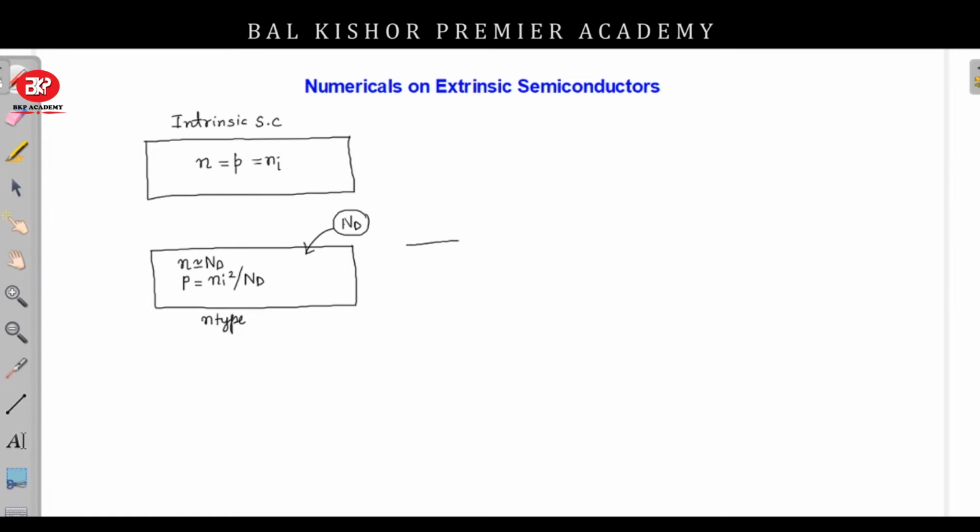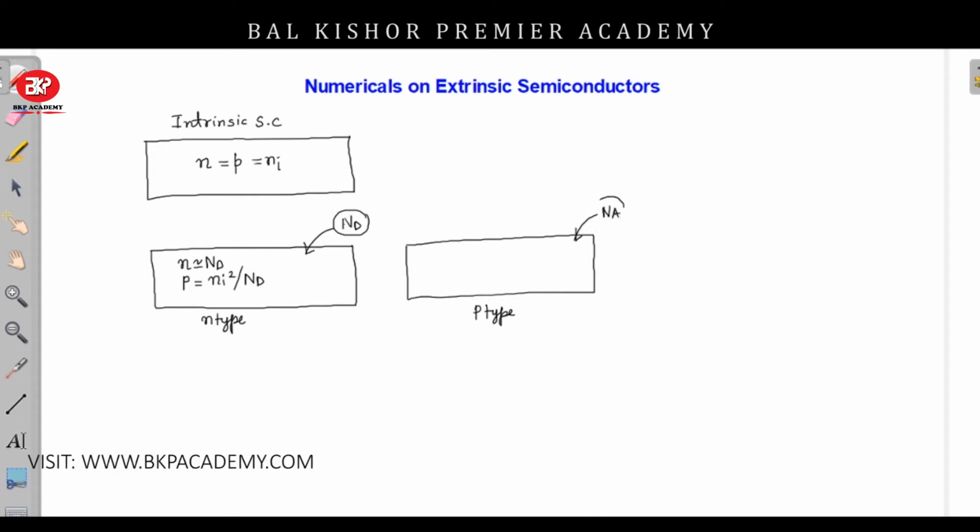Similarly, if we dope the intrinsic material with acceptor atoms, then it will be converted into a p-type semiconductor. In this p-type semiconductor, the doping atoms are acceptor atoms, and let us consider that Na is the doping concentration of the acceptor atoms.